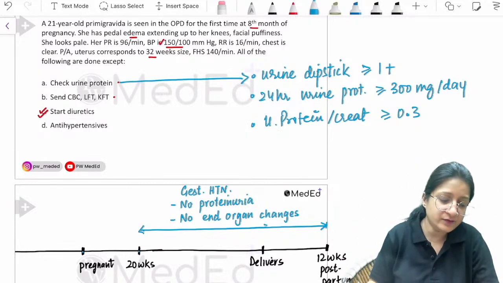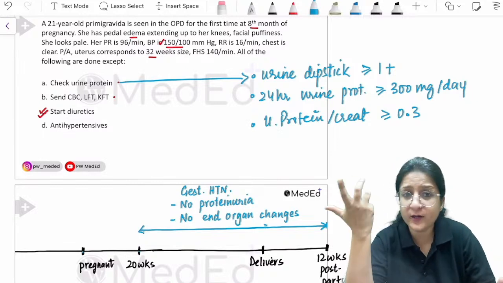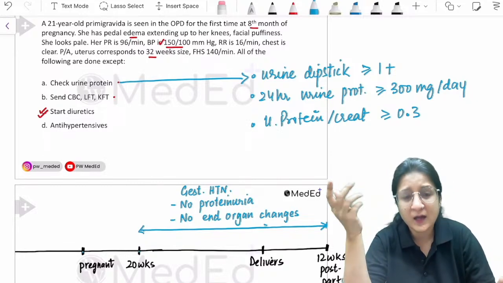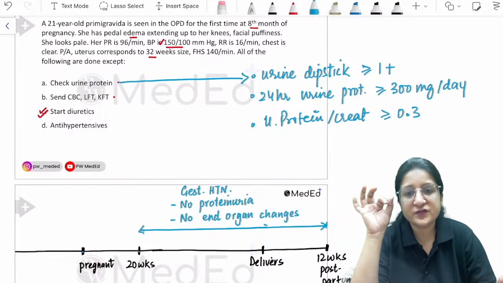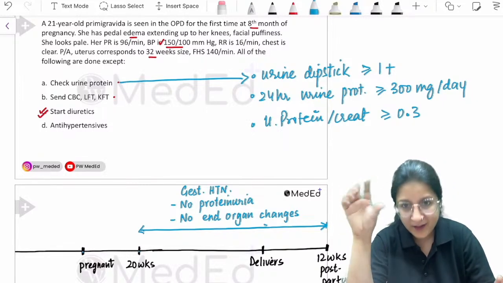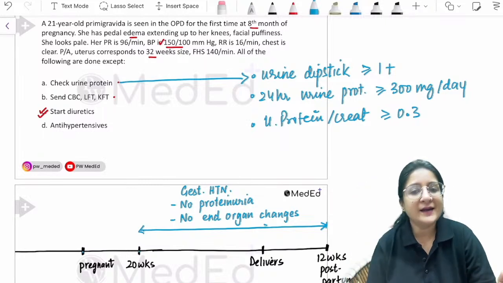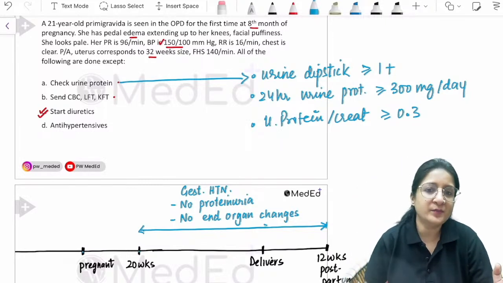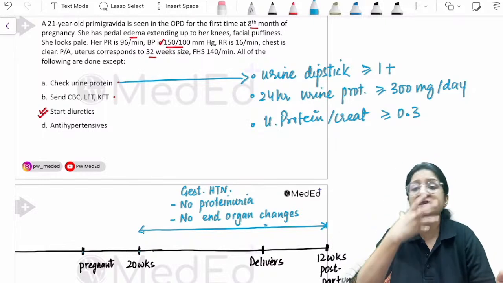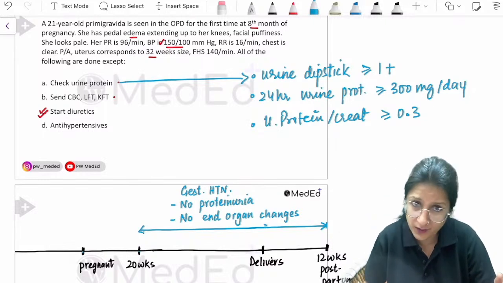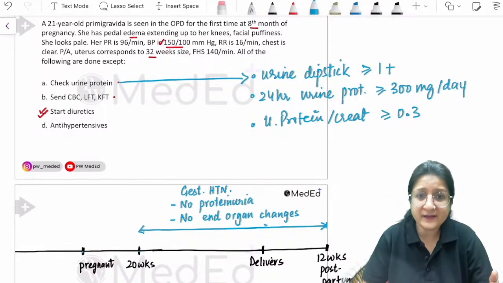Edema is a normal physiological finding. Yes, it could be a normal physiological finding also, but if it's a pedal edema which is physiological, it is going to subside after rest, isn't it? It is usually mild, it does not extend all the way up to the knees, and facial puffiness is something that is not physiological, right? Okay, fine.